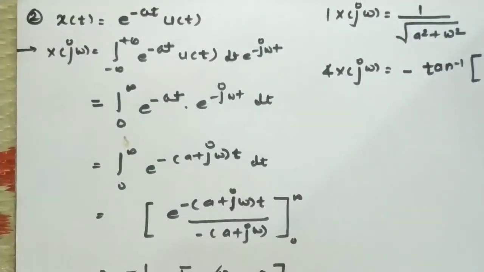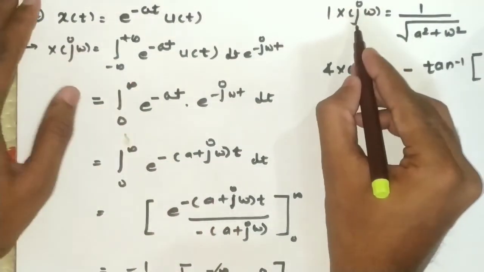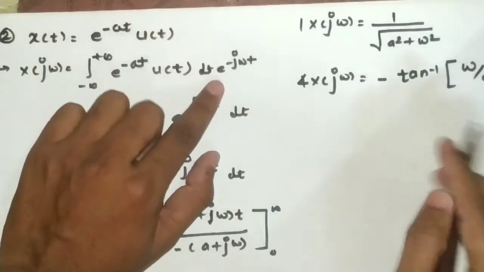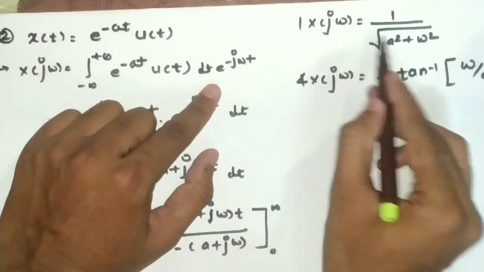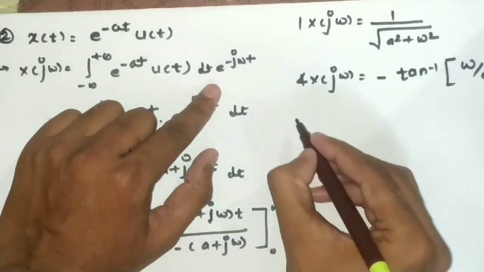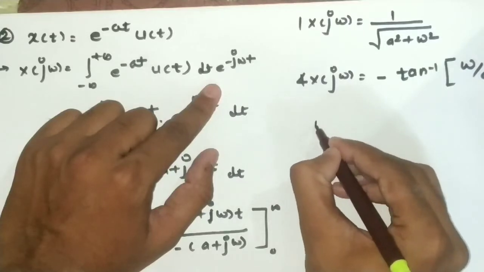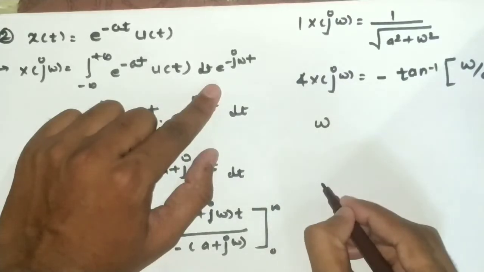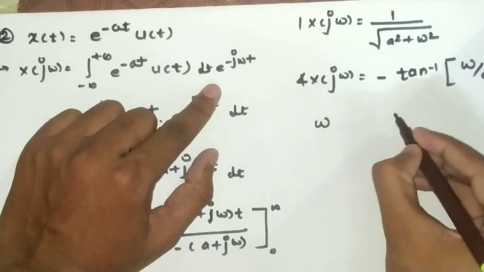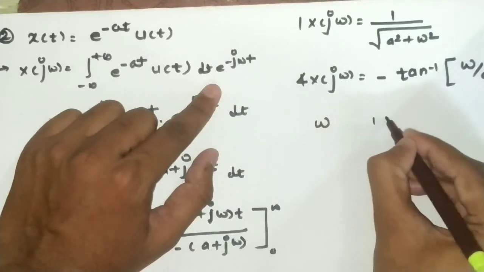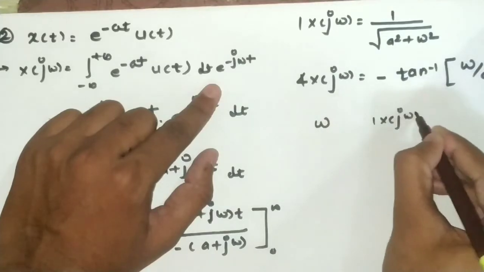Now let us try to draw this magnitude spectrum. Here the variable is omega, so we can take any value of omega. Let us suppose we put the value of omega in this range. This is the magnitude of X(j omega).